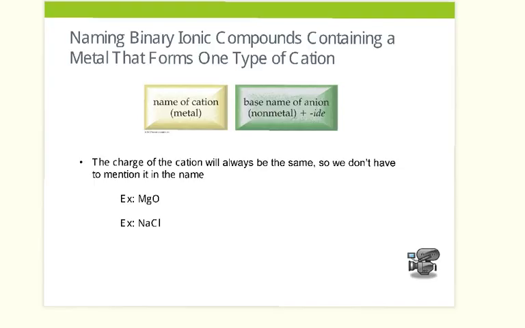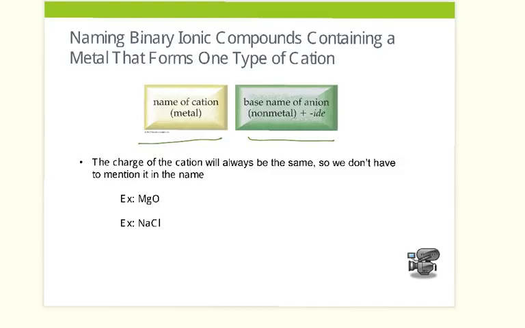Okay, so let's talk about naming the binary ionic compound containing a metal that forms one type of cation. Usually you just give the name of the metal cation as it is directly from the periodic table. You put a space, and then you put the base name of the anion, but you add "ide." Since the charge of the cation will always be the same, we don't have to mention it in the name.